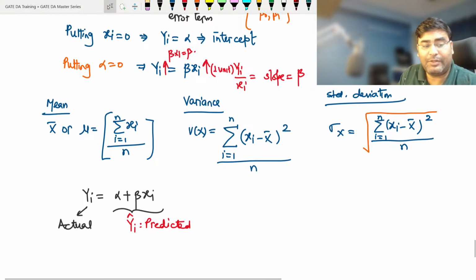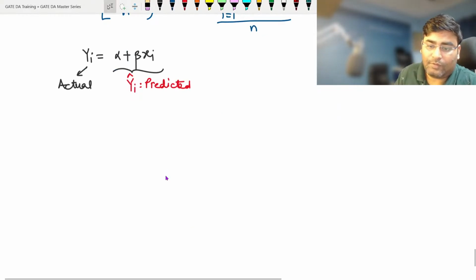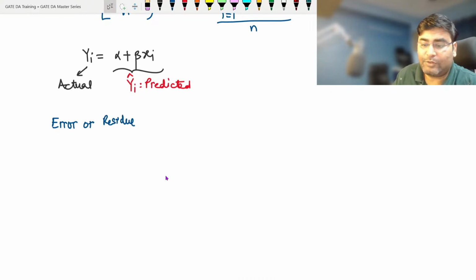If you take the difference between these two, that will become the error. What is error or residue? Error or residue is equal to yi actual minus predicted. And definitely this is your error.